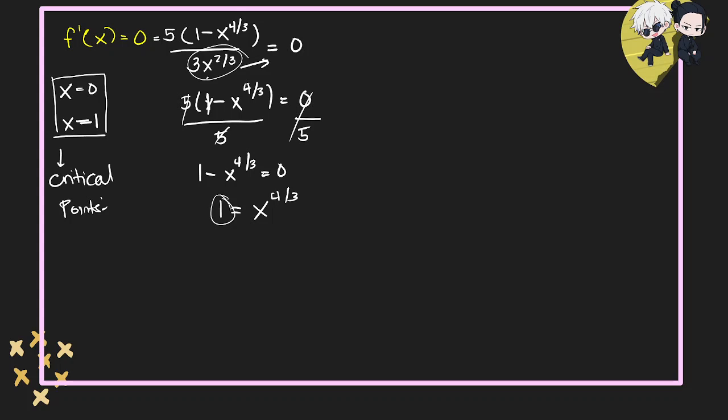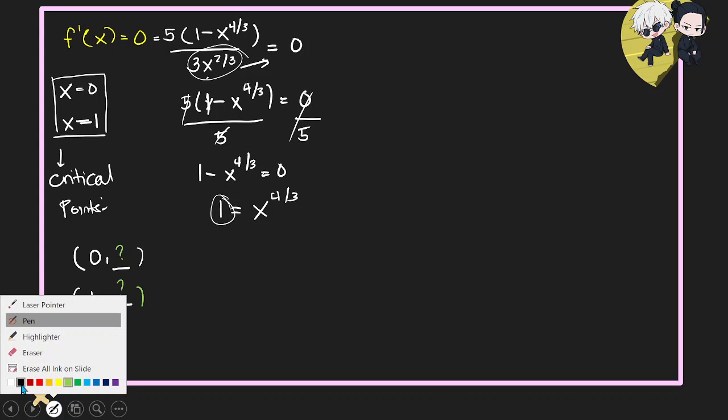So, may critical points na tayo. So, ano ang gagawin natin dyan? Hahanapin naman natin yung coordinates. So, meron na tayong at x equal to 0, tsaka at x is equal to 1. So, hindi natin alam ngayon si coordinates. So, hindi natin alam si y dito at si y dito. Okay?